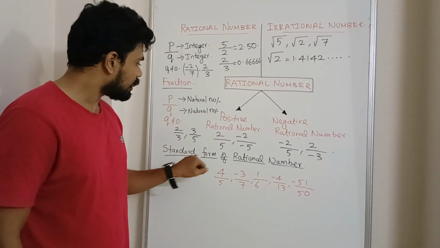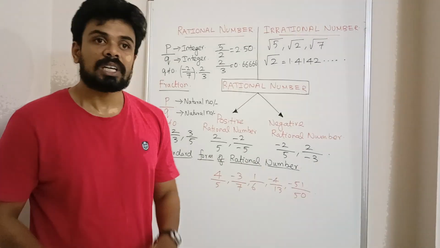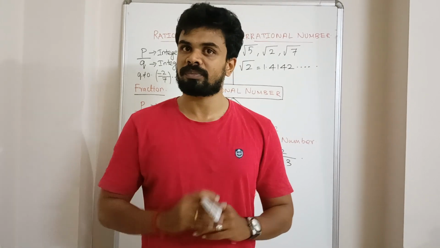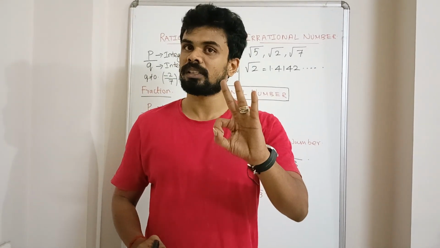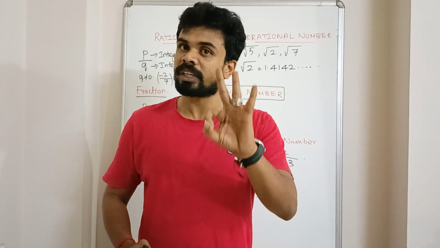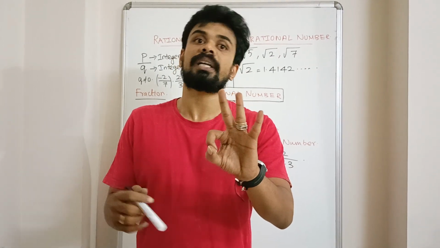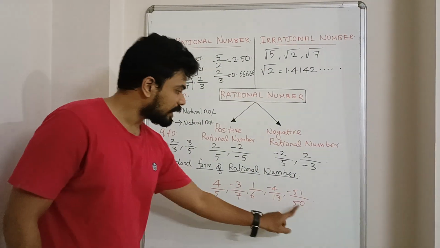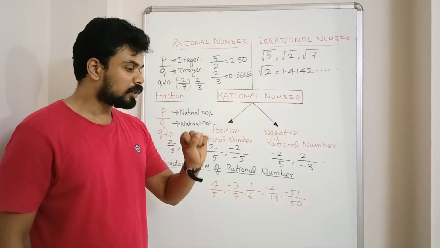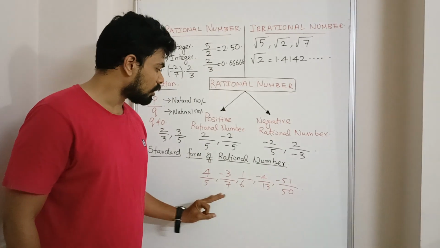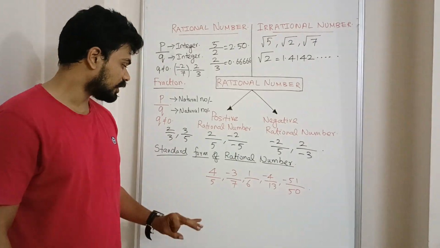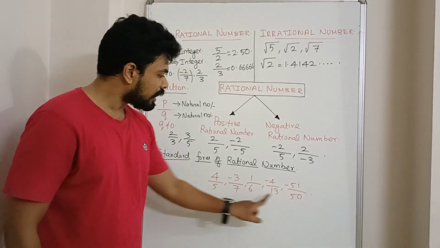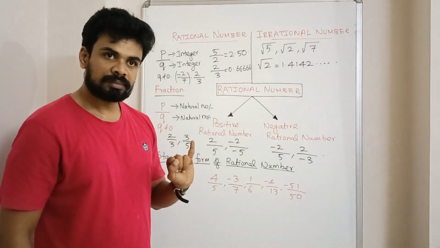Next, the standard form of a rational number, which means if a particular rational number is given, how can I say whether it is in standard form? There are basically three conditions that a rational number should satisfy to be in standard form. So, observe the following rational numbers. I am concluding three important points from all the observed numbers. Please listen carefully. In all these rational numbers, denominators are positive.